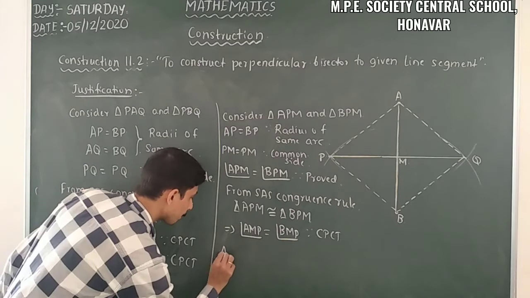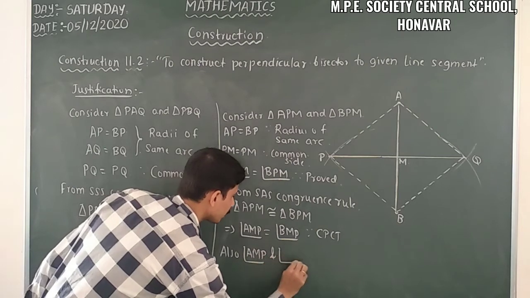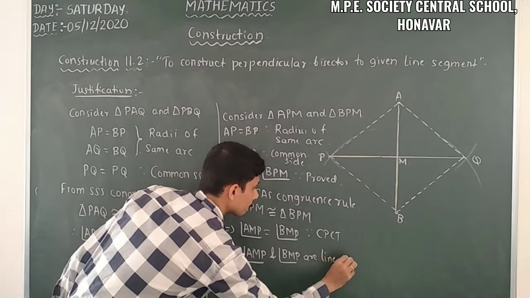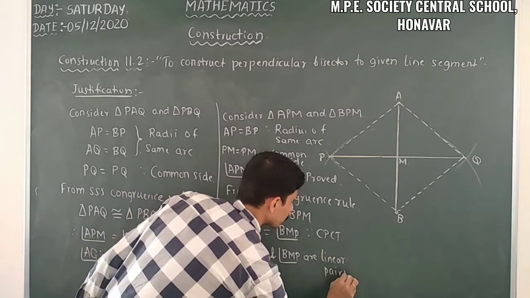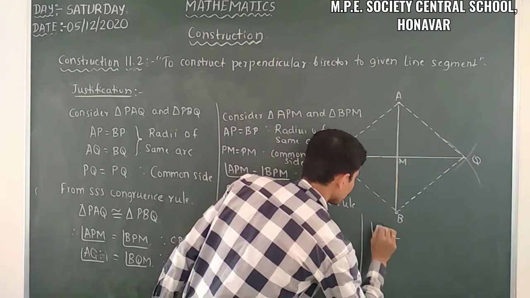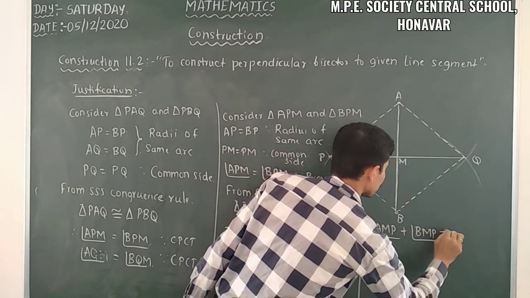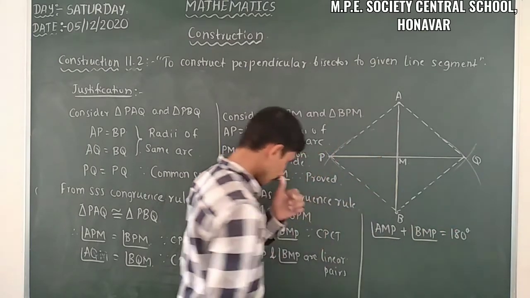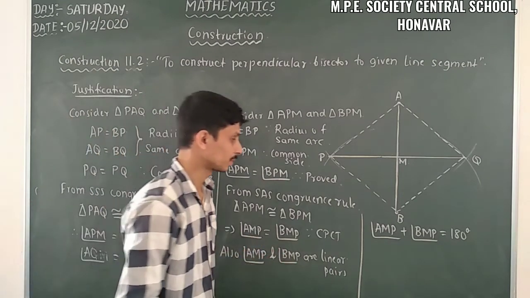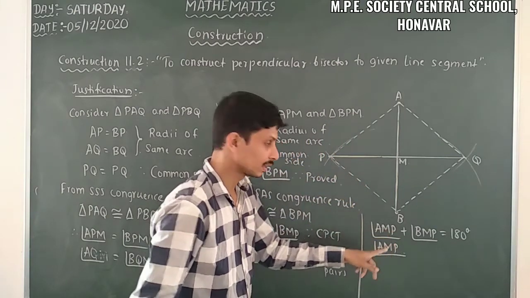So also angle AMP and angle BMP are linear pairs. That's why the sum of those two angles is 180 degrees. Let's take it: angle AMP plus angle BMP is equal to 180 degrees. Already we know that angle AMP is equal to angle BMP, so we can express BMP as AMP.